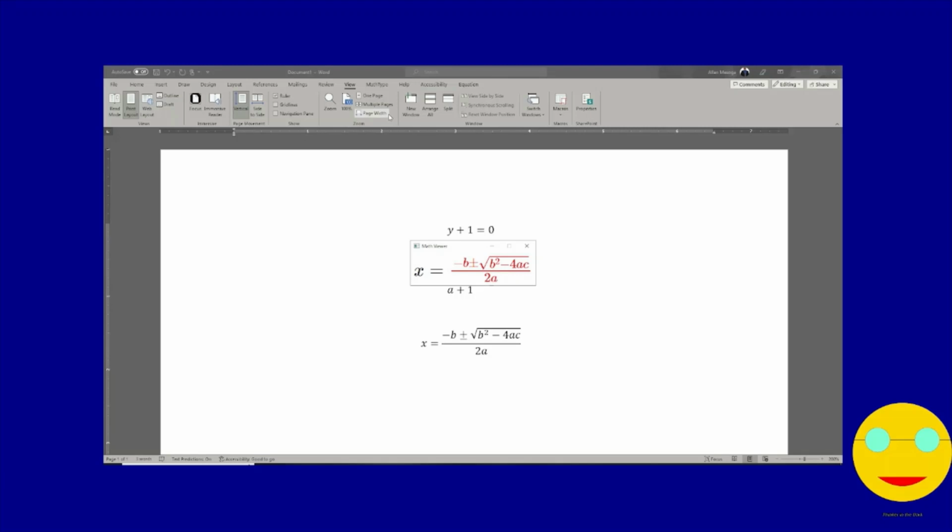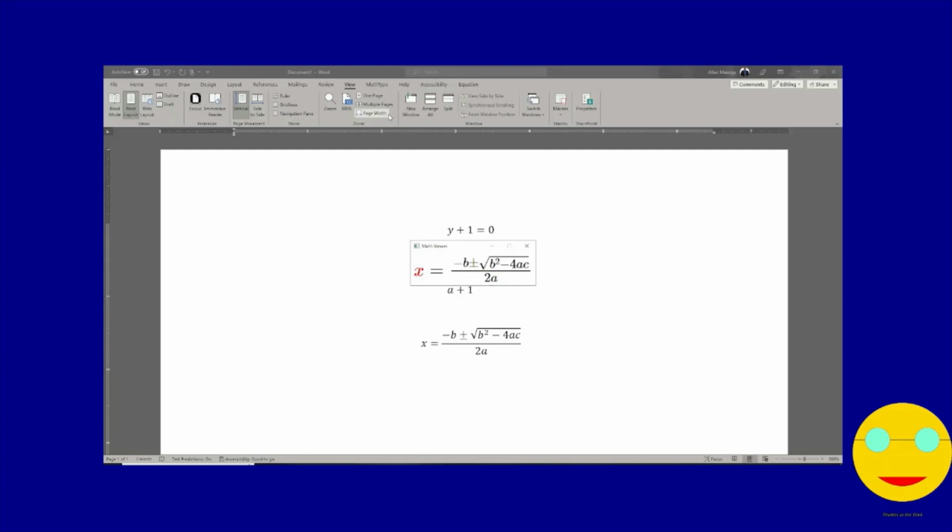When I press right arrow, our screen reader will say this: No more terms at this level of the current expression. Now let's go to the beginning of this equation by pressing left arrow. Equals x. Then, if I press left arrow again, our screen reader will say, No prior terms at this level of the current expression.